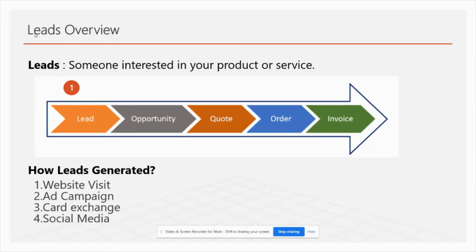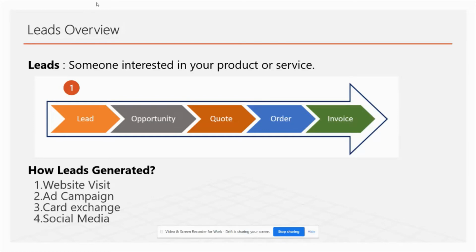So let's understand what is meant by a lead. If someone is interested in your product or services, they show interest that they are going to buy your product or service in the future. This is called a lead.